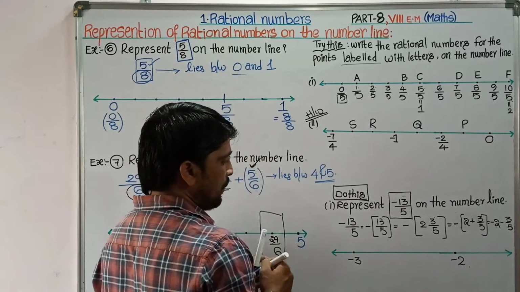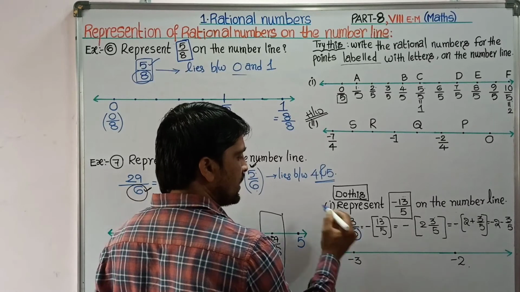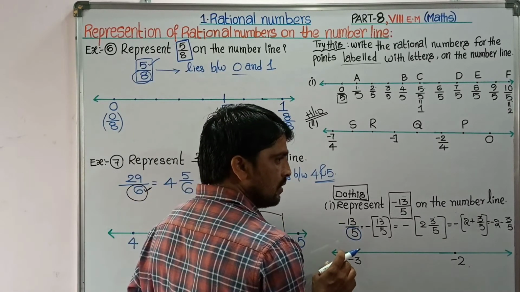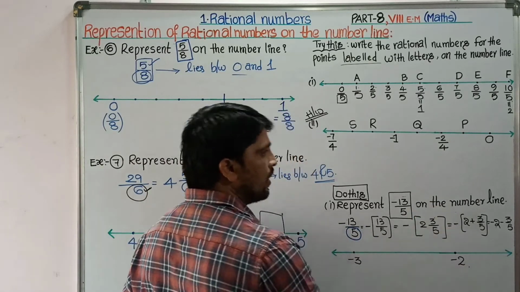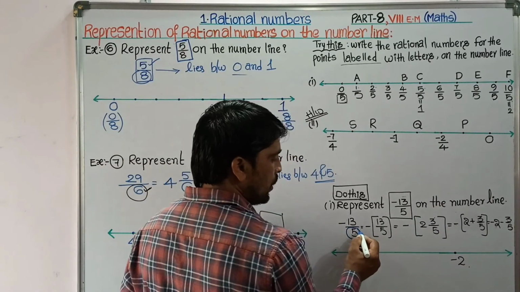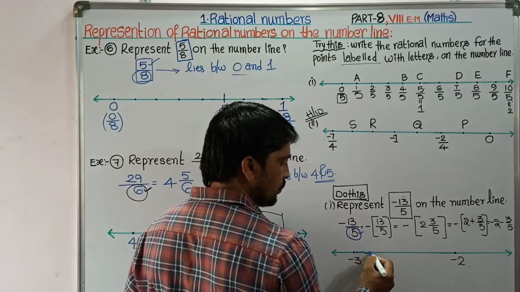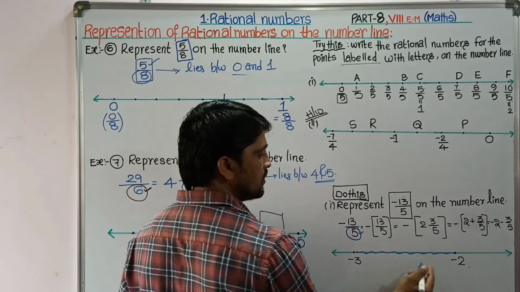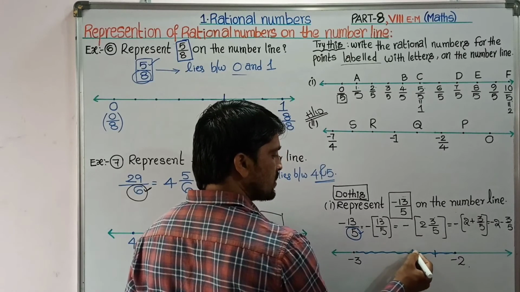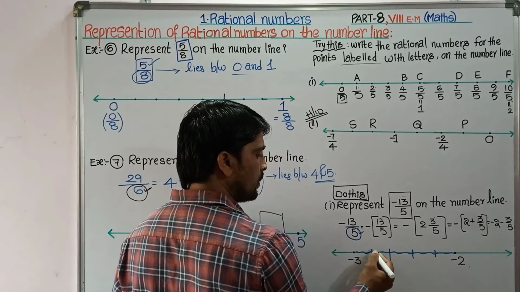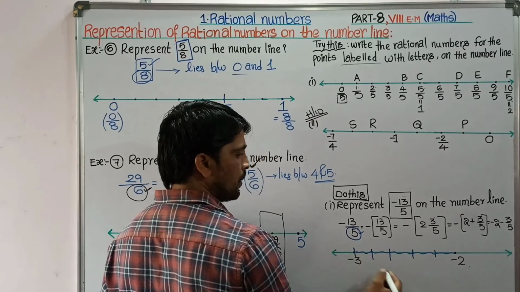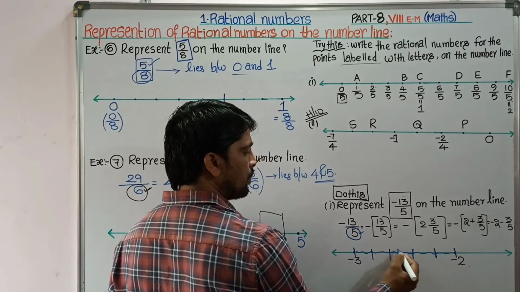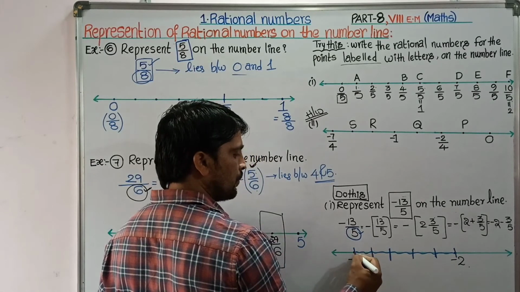Now see, our denominator is 5. The denominator shows how many equal parts the 1 unit length is divided into on the number line. So we have to divide this 1 unit length into 5 equal parts: first part, second part, third part, fourth part, fifth part. This is the 0th part.